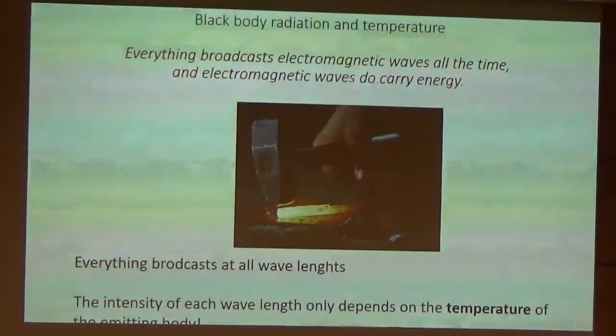That means that everything broadcasts radio waves. You broadcast radio waves right now, but they're invisible, of course, because they're in the infrared, low energy spectrum, where you can't see. The nice thing about this radio broadcasting, if you call it that, is that it's only dependent on the temperature.